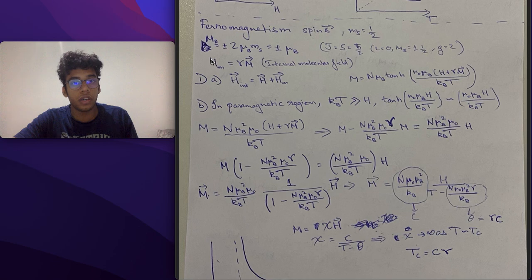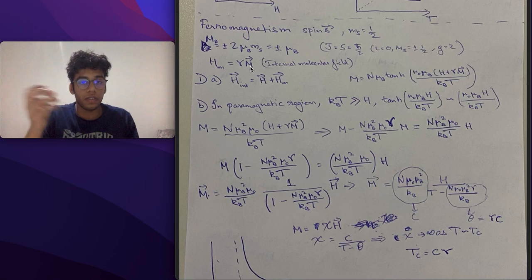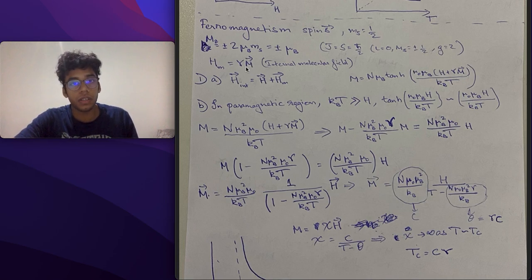So your H_m, and this is the inherent magnetization, right? H_m is the internal magnetic field, and M is the magnetization of the sample itself. So H_m is given by gamma M, and your H interaction is given by H plus H_m, right?